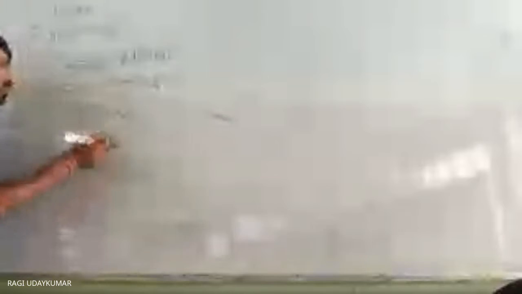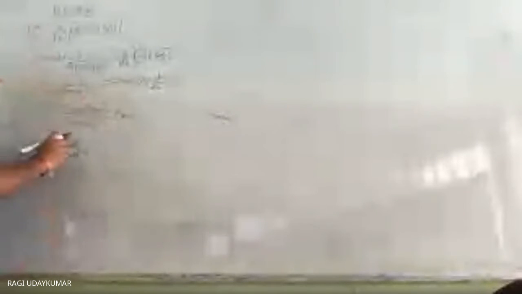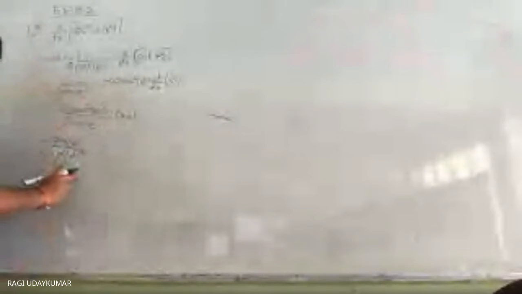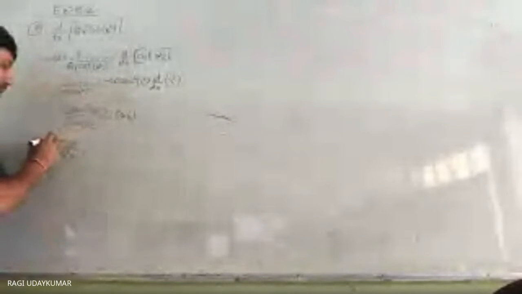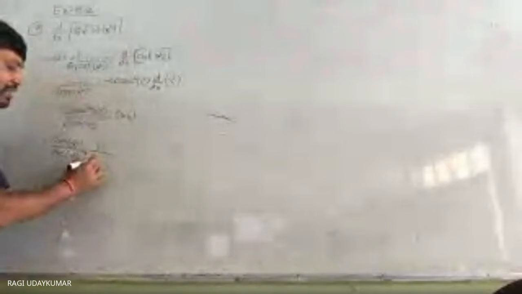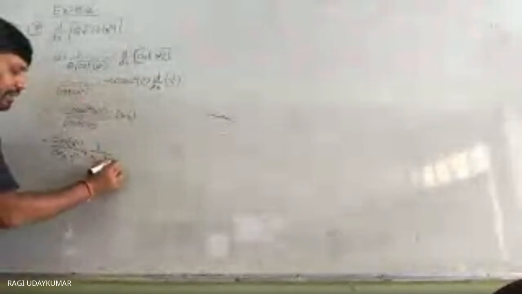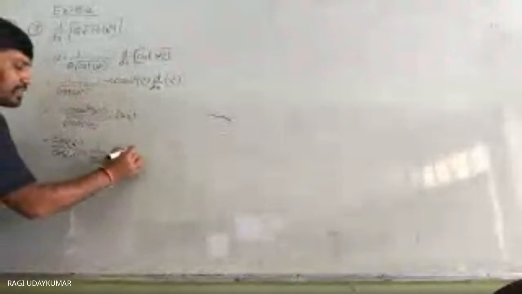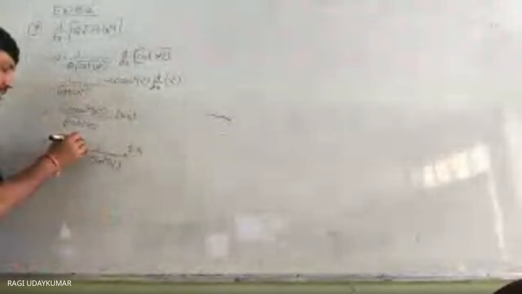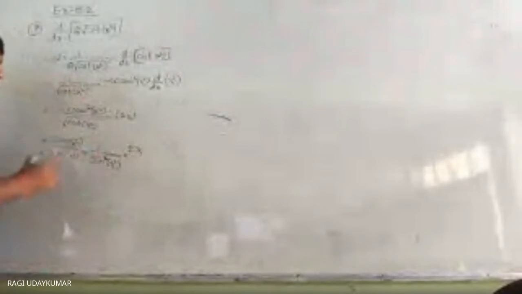Cot is nothing but cos by sin. So cos by sin, sin in the numerator. So sin x square by cos x square, into sin x square here, cos x square here, and minus is there. This one can be written as sin square x square into 2x. So sin x square and square will get cancelled.